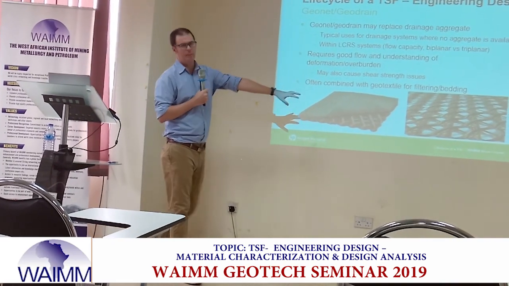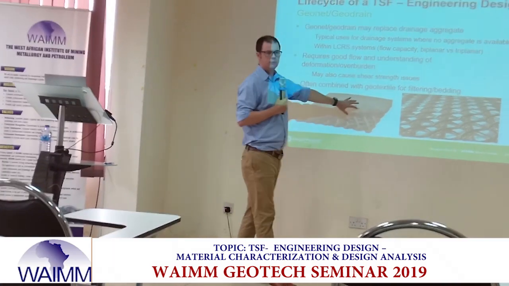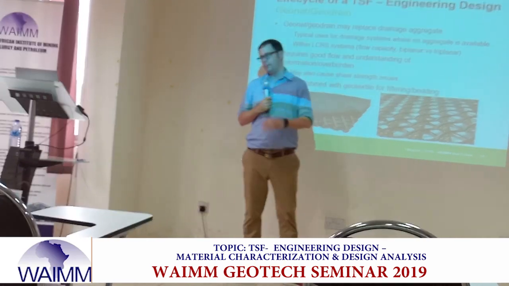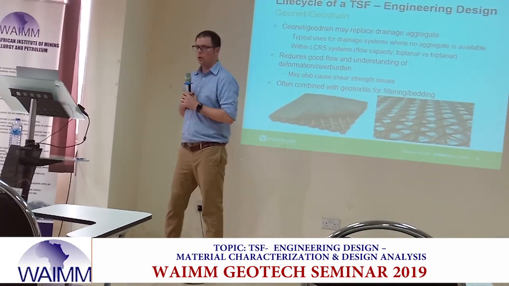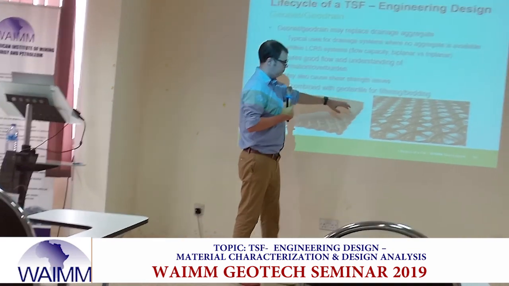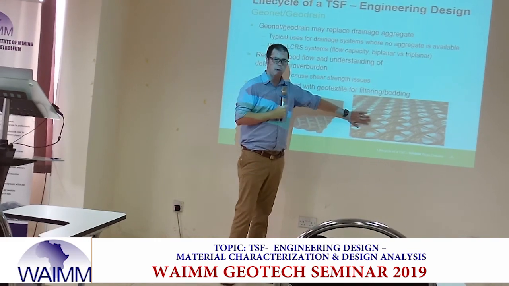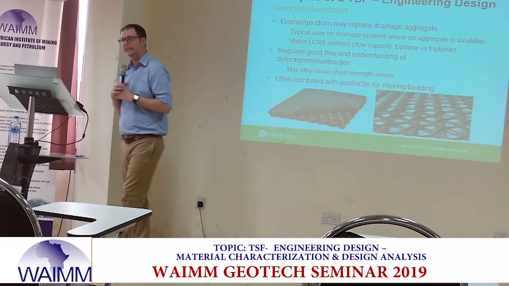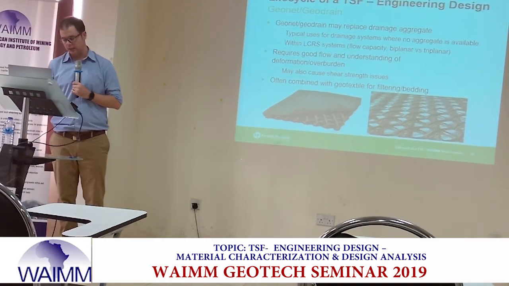Where these are really common is in leakage detection systems in very high required storage. So you'll see a compacted clay, then you might see fabric, and then you might see something like this below it, so that you have a way to understand, is there a leakage happening through our clay system.